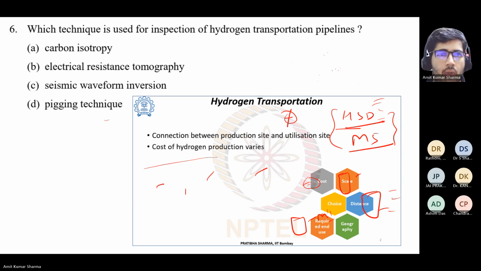What about ATF, aviation turbine fuel? For ATF, in my plant we were only handling HSD, MS, and kerosene.